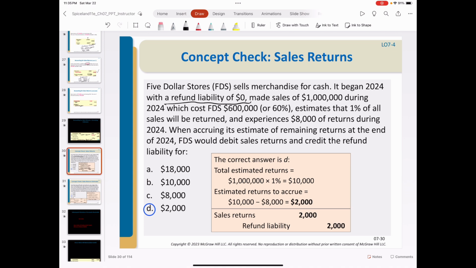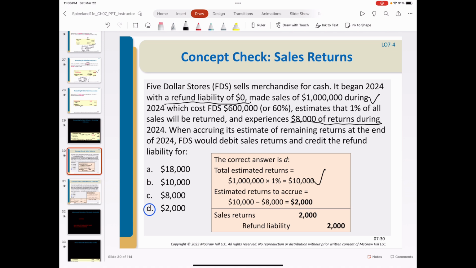We are given that the refund liability is 0, so the refund liability account has a 0 balance. Sales was $1 million during 2024. The cost was $600,000, which is 60% of sales. 1% will be returned. So 1% of the total sales revenue is $10,000. And $8,000 was returned during 2024.